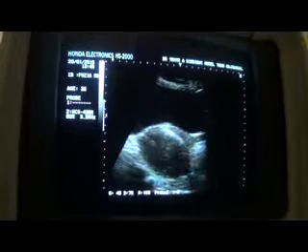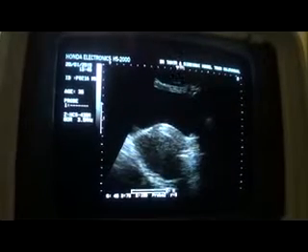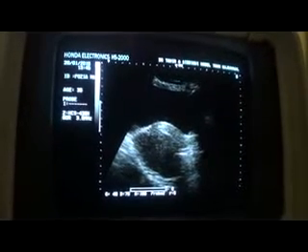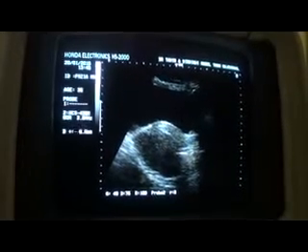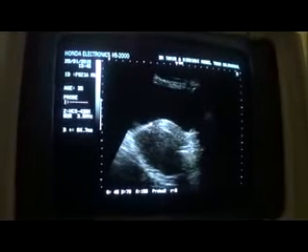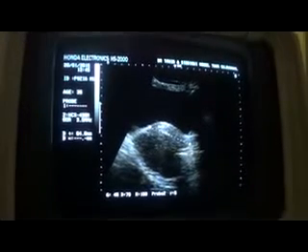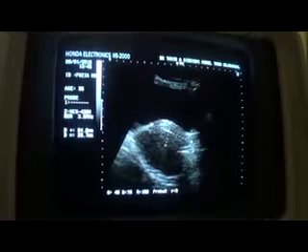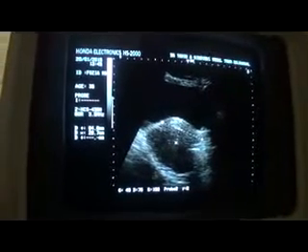Where is the uterus? Can't see it. Only when I hold the probe here do I get the uterus. And this is the uterus, and this is the fibroid.